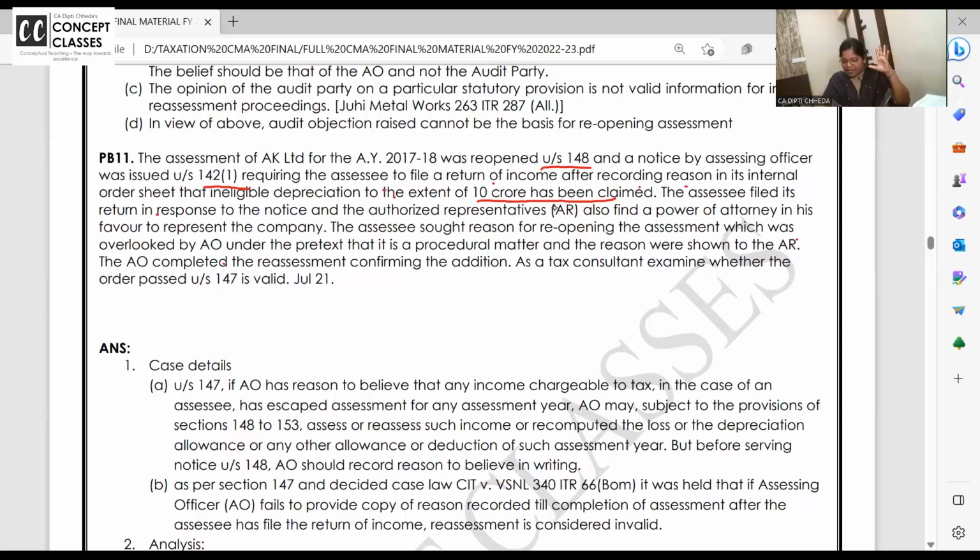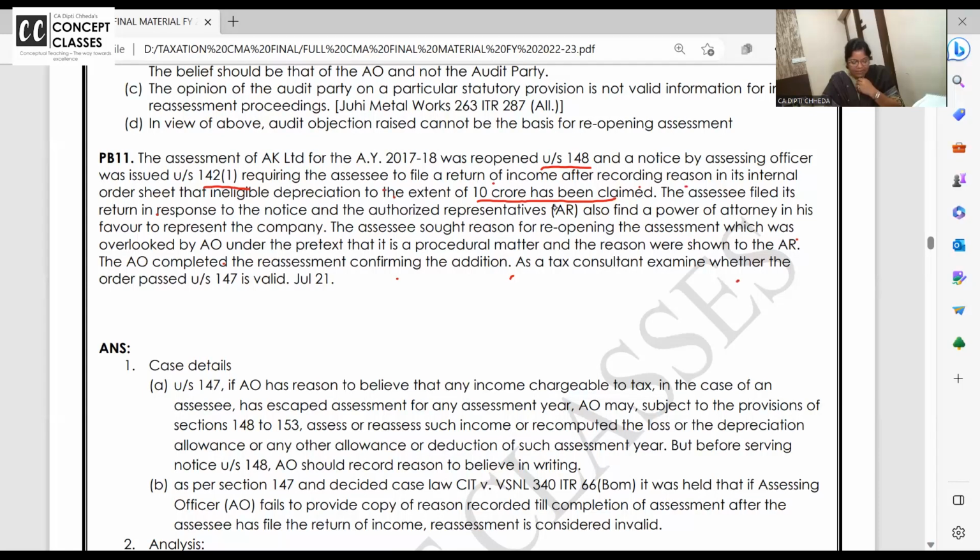I told you, 5 cases are there. So what is the solid information for which you have opened? The AO overlooked it under the pretext that it is a procedural matter, and the reasons were shown to the authorized representative. The AO completed the assessment confirming the addition.